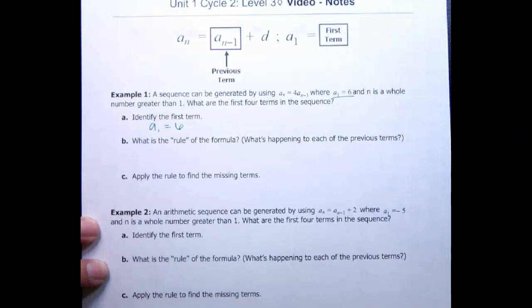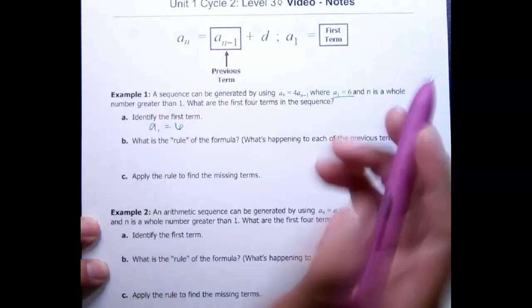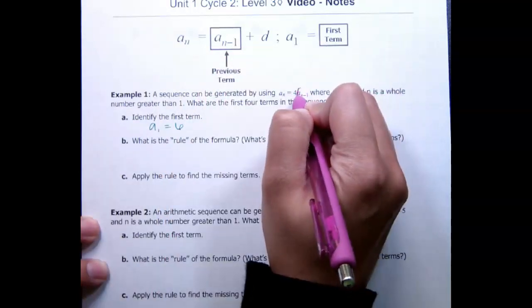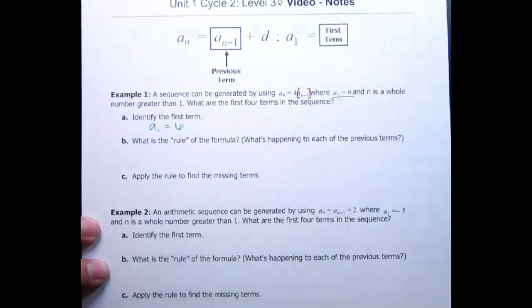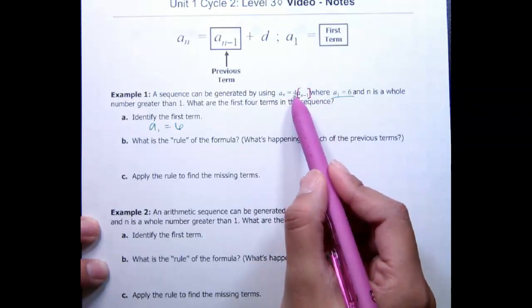Next, they ask, what is the rule of the formula, or what is happening to each of the previous terms? Well, my previous term is a sub n minus 1. So this is my previous term. Well, what is my equation telling me to do to that previous term? Well, it has a 4 in front of it.